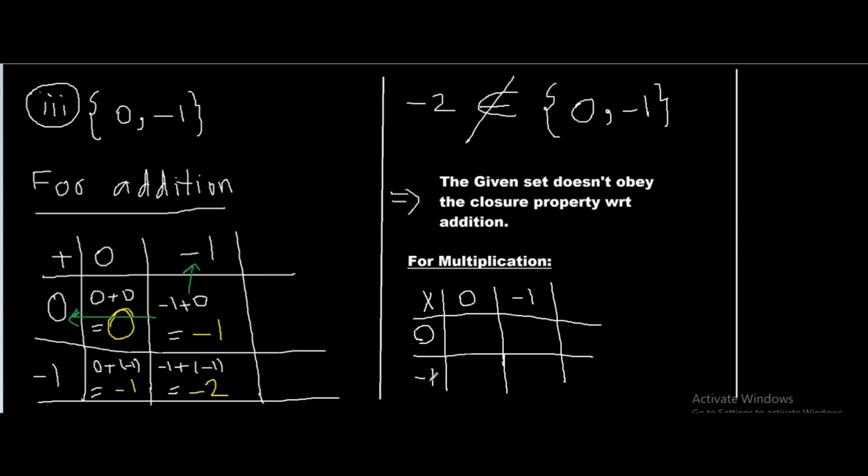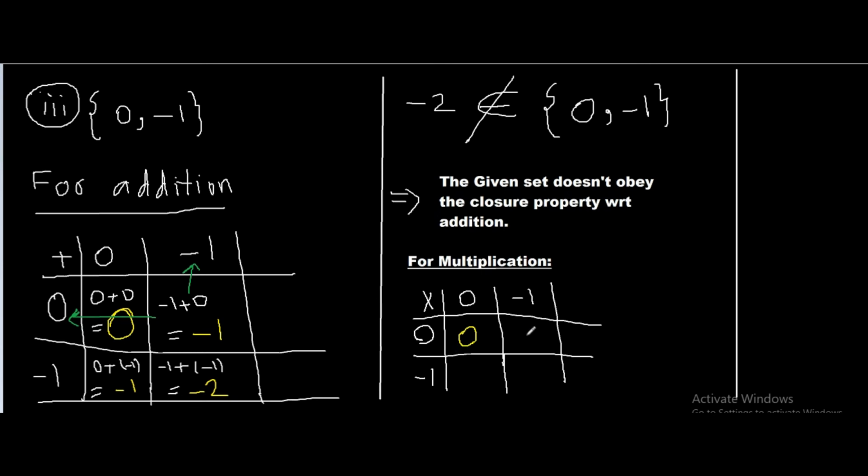Anyhow, here you can see that for multiplication, in the first box, you have to multiply 2 things. First, the upper input is 0, while the left input is 0. So 0 cross 0, or 0 multiplied by 0. What is the result of 0 cross 0? It is equal to 0.